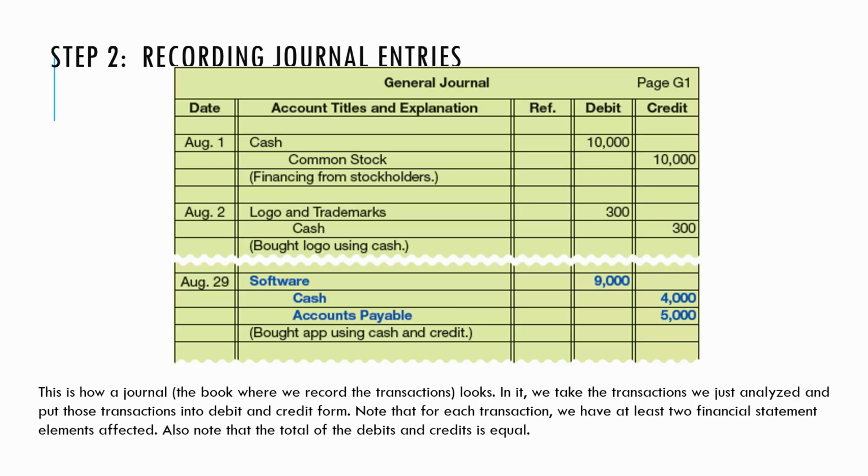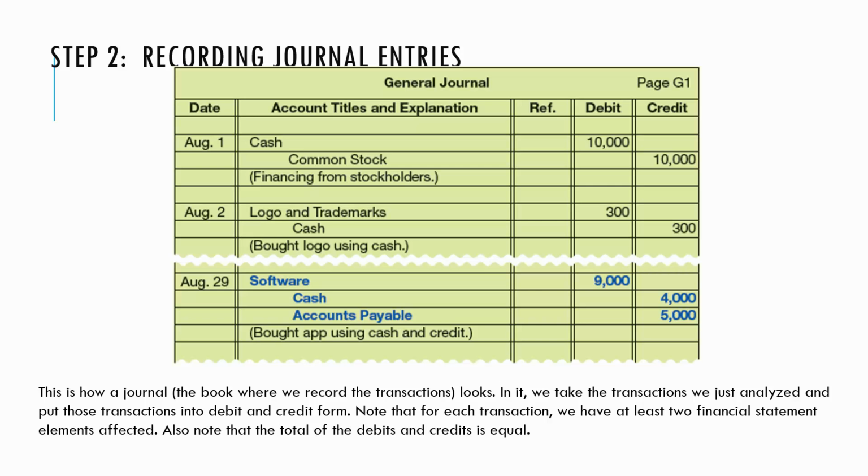Going down here to August 29th, we have a transaction in which we get software, an asset, it goes up, and we give up cash for it, but we also agree to pay with liabilities. We now owe more, our liabilities go up. Cash went down, it's credited. Accounts payable goes up, it is credited.